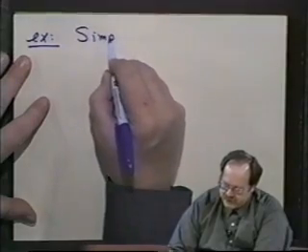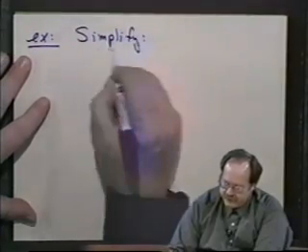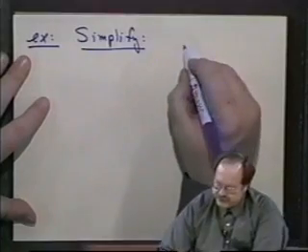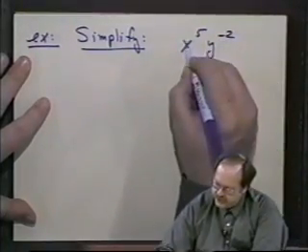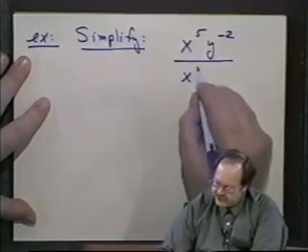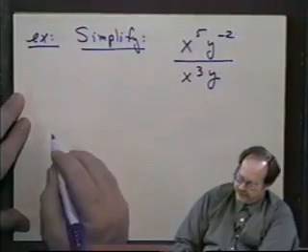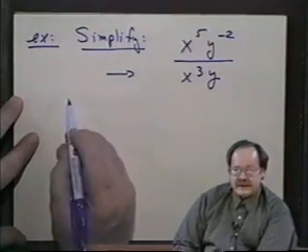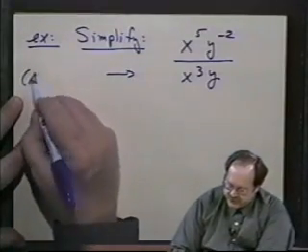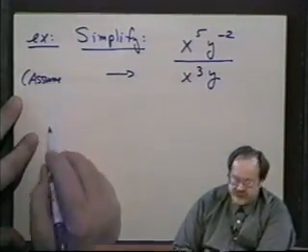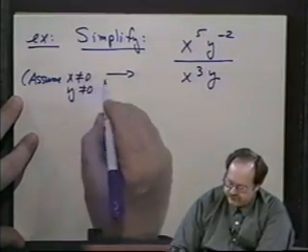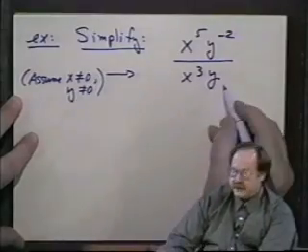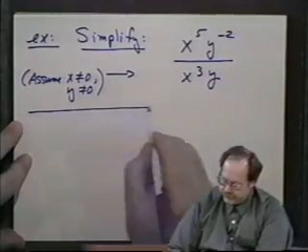They all start off with something like the word simplify, and then there'll be an expression, maybe like this: x to the fifth, y to the minus 2, all over x cubed y. And for the sake of argument, so we don't have any division by 0, we'll assume that x is not 0 and y is not 0. Okay, so there's no division by 0 problem.